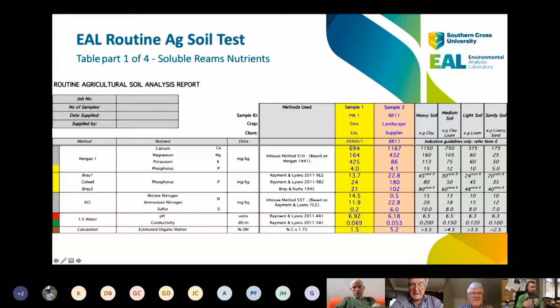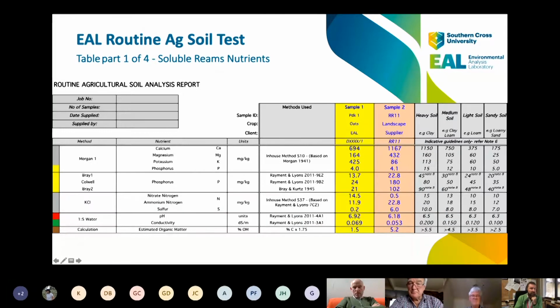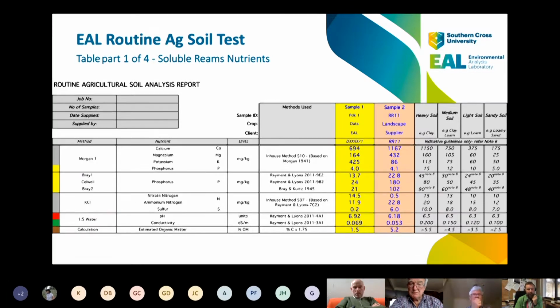You've got your exchangeable, your soluble Morgan calcium, magnesium, potassium, and phosphorus. Don't put a lot of emphasis on your soluble Morgan phosphorus. It's really designed in America, and our soils are so iron and aluminium rich, they really lock up that soluble phosphorus, which is probably good for leaching.